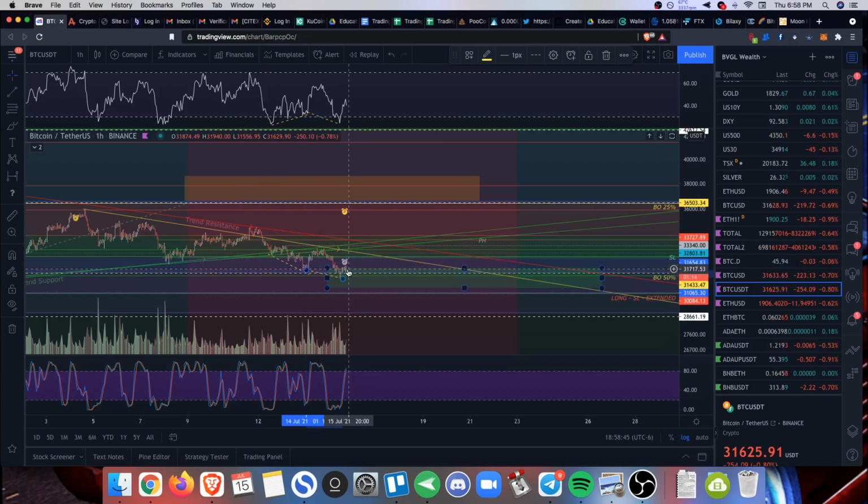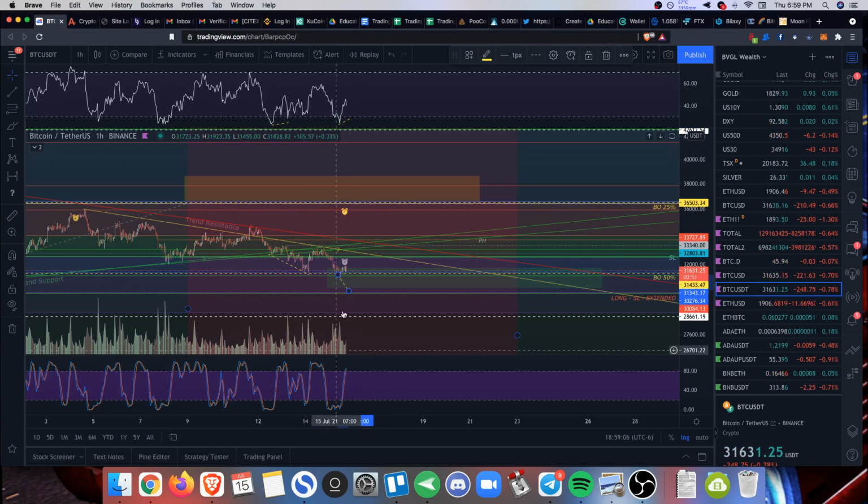What I want to see on this next candle is the price go lower, but the RSI actually stay a little bit higher. So it would print maybe like this, while this would print down still.